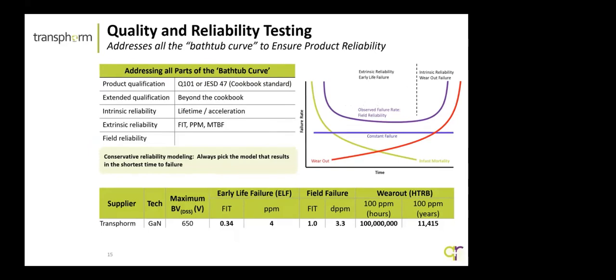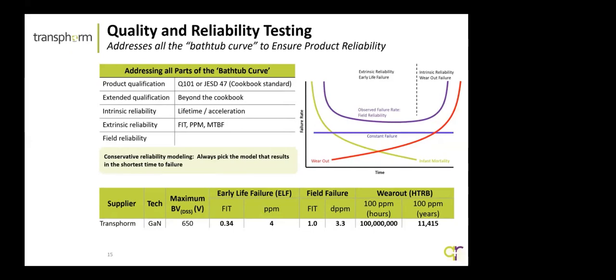But what's also important is to really understand the lifetime or intrinsic reliability of the GaN device. We are the first to report intrinsic reliability of our technology publicly.